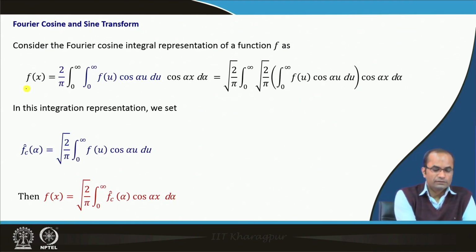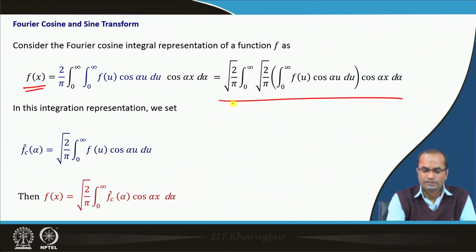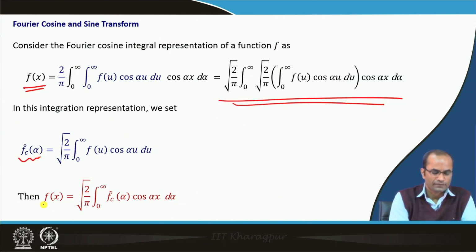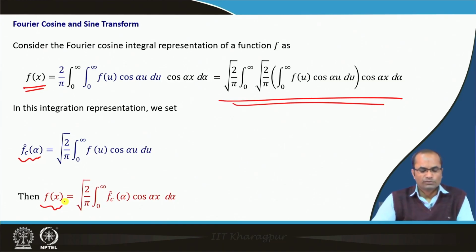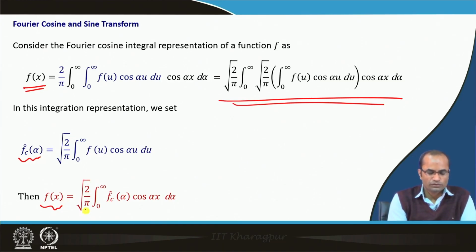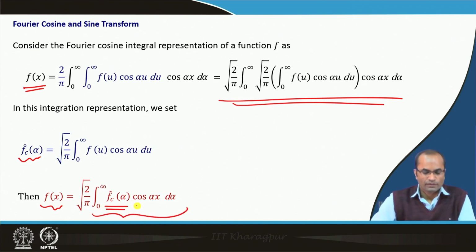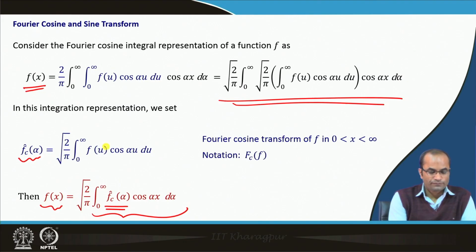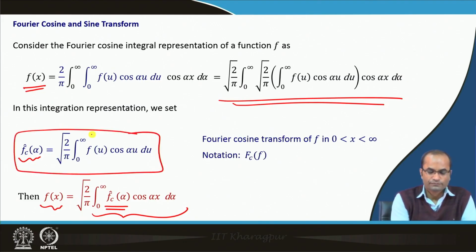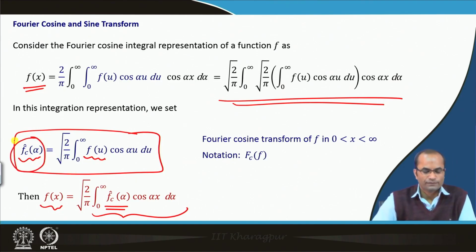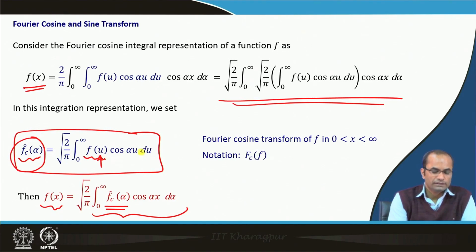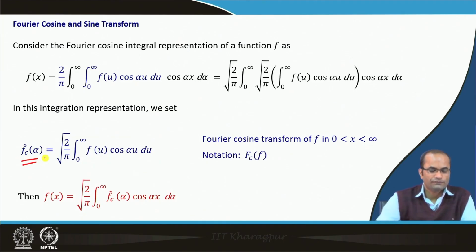So, this Fourier cosine integral, with this new notation f hat c of alpha, is defined as f(x) equal to square root of 2 over pi times this integral, where the function f hat c of alpha is serving as the integrand. And now we can introduce a name: because this integral is transforming the function f to a new function which is a function of alpha. No more is the u there, u has been already integrated, and we have a new function which is a function of alpha.